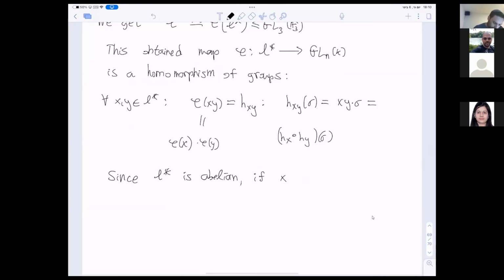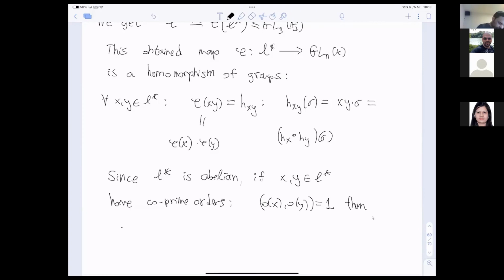If X, Y in L star have OX and OY co-prime, that is, the gcd is 1, then the order of XY, and now we use the previous task to find XY.